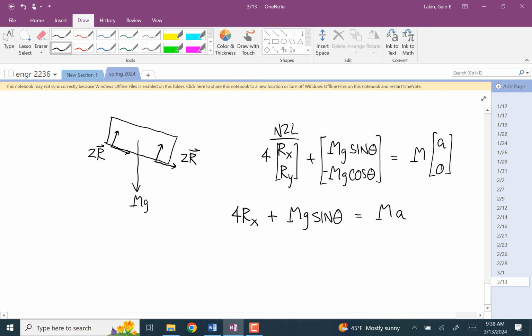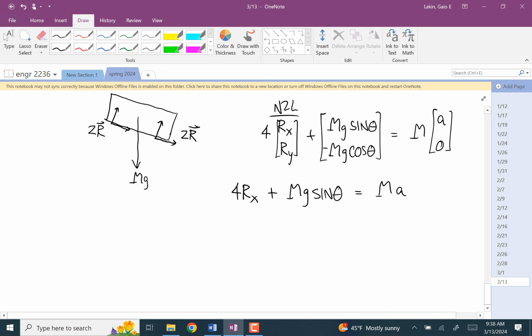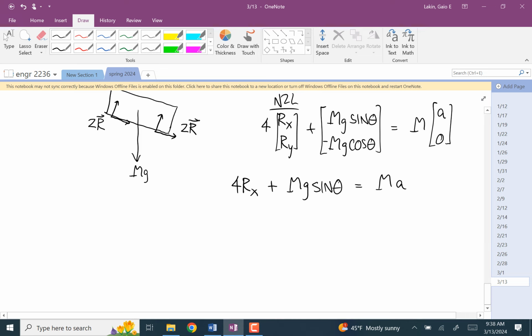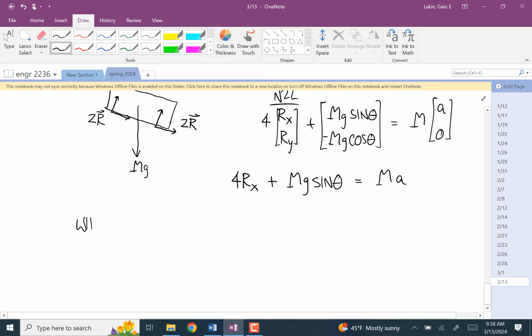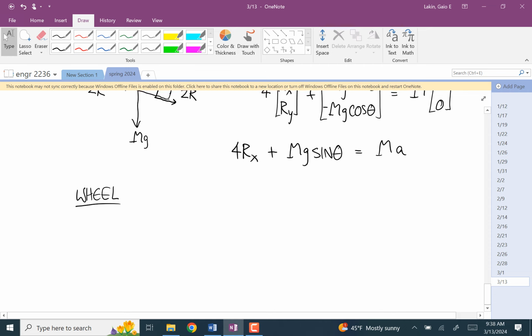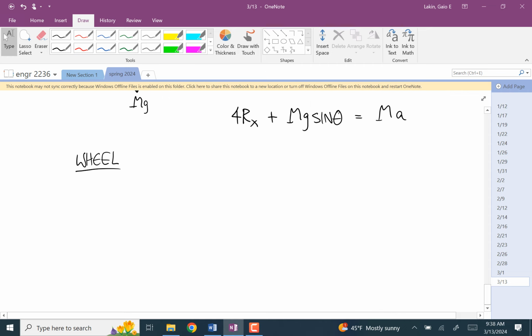Okay, so we got this equation. And now we'll go to one of the wheels. And this is where we're going to use rigid bodies. Okay, so what's happening at the wheel?